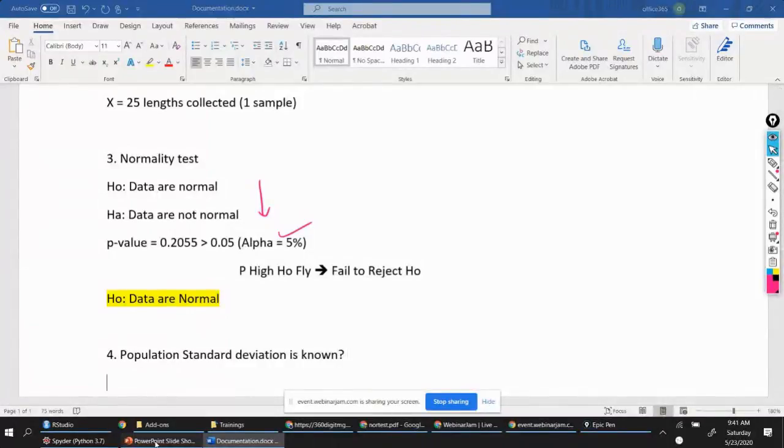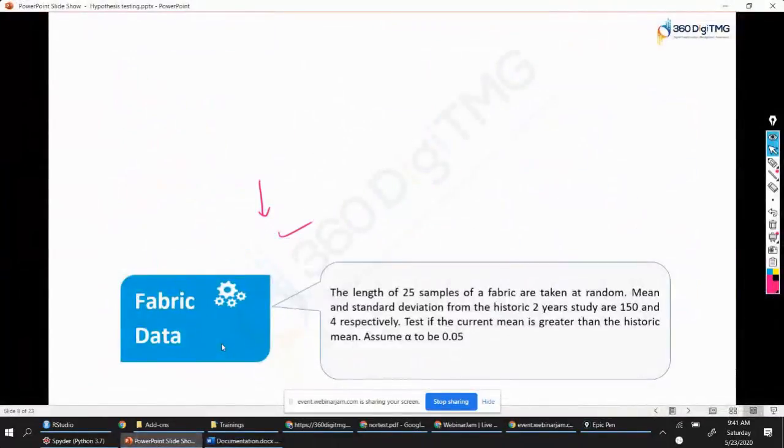And in our business problem, it is clearly given, right? It's clearly given the population standard deviation. These are considered as standard for 2-year studies, so we are generalizing it, right?